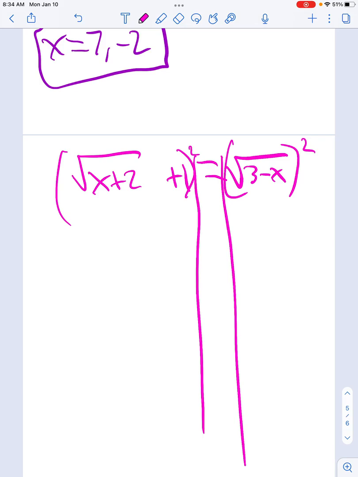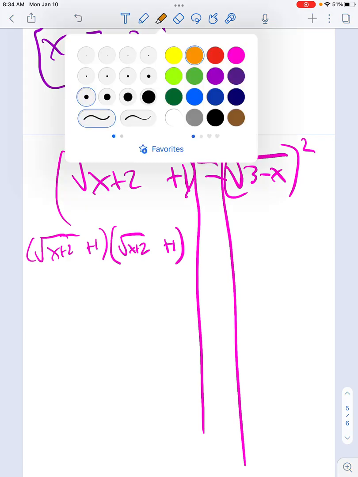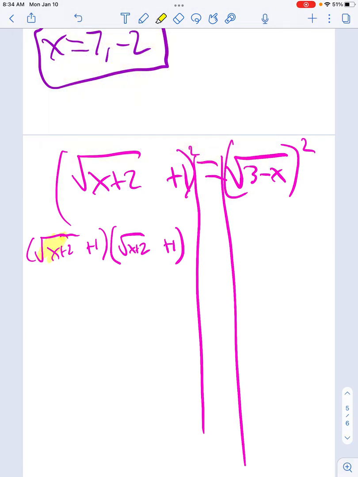So if I write this out, again, this is like saying square root of x plus 2 plus 1 multiplied by square root of x plus 2 plus 1. So I have to FOIL. So take square root of x plus 2, multiply it here, and then I'm going to take 1, multiply here, and then multiply here.